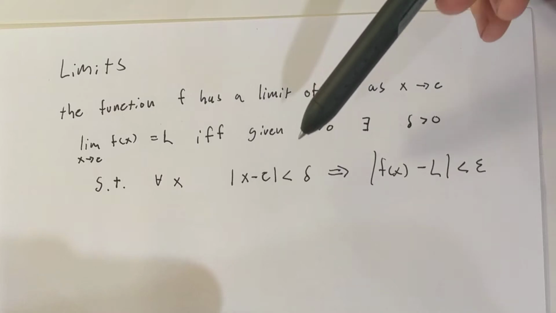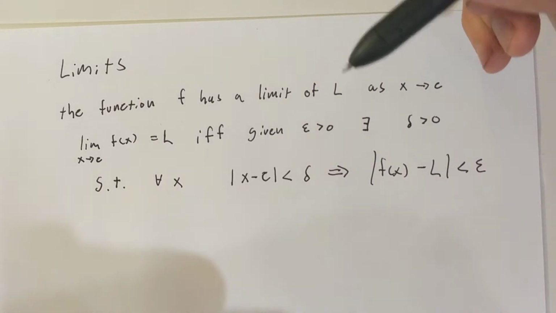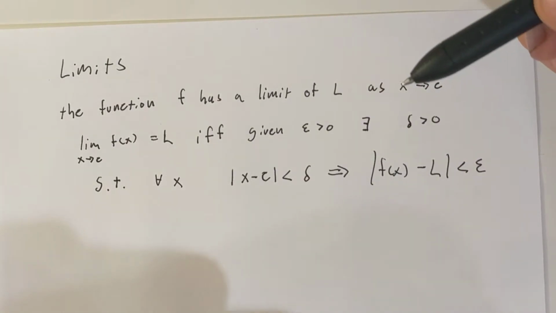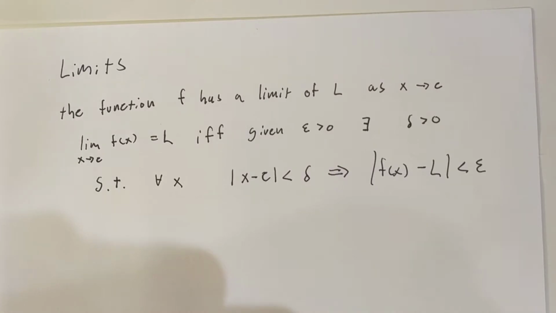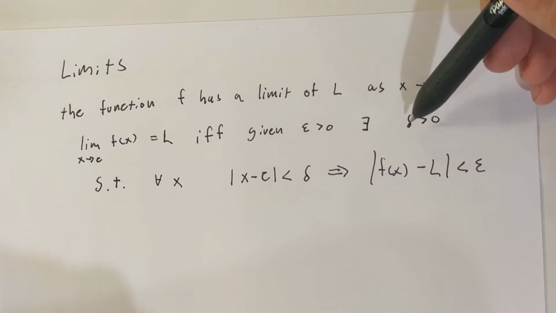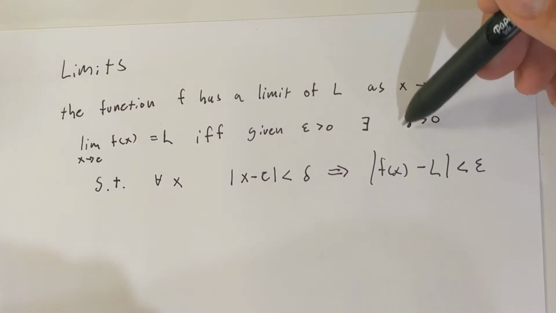Basically, what's going on is it's like a game. I have this function, and I give you this delta number, and this delta number is really small.